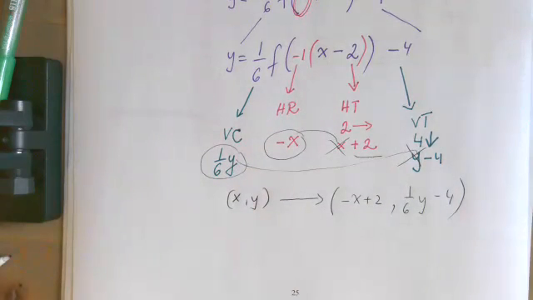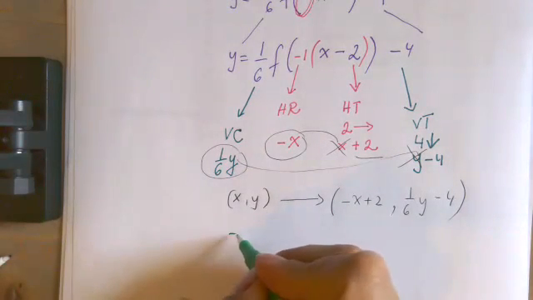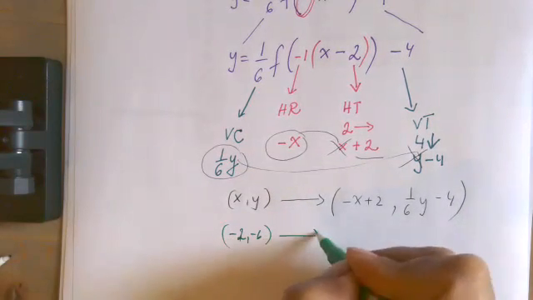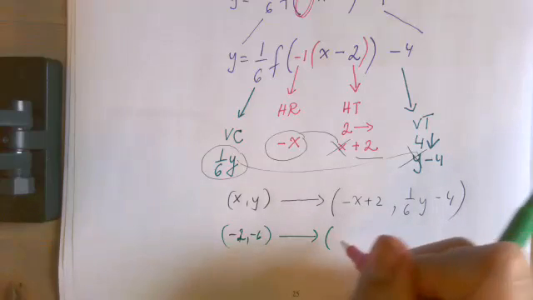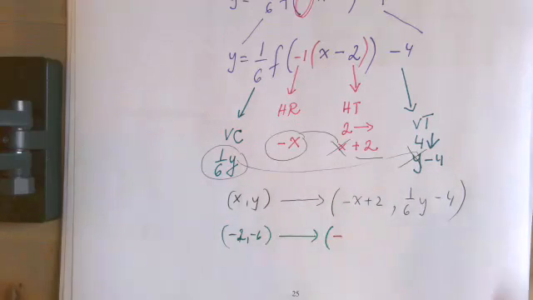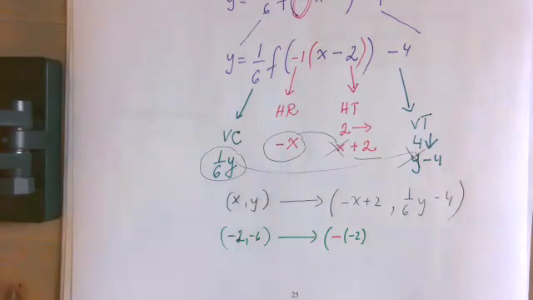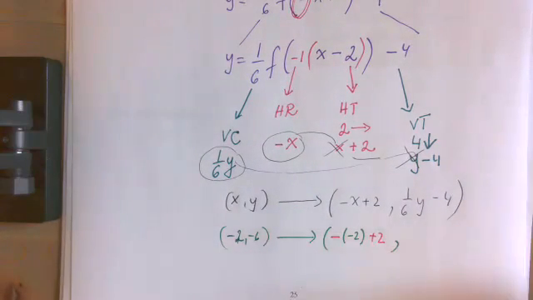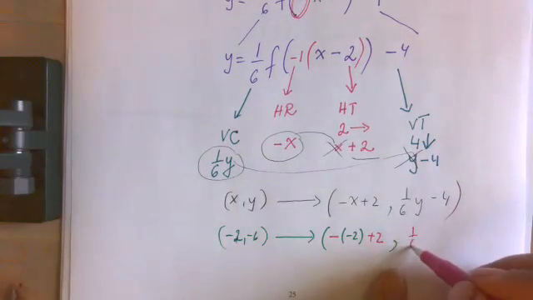Now let's apply the rule onto the point. The point is (-2, -6). Let's see what happens. We have a negative, and then we plug in -2 there, and then we have to do +2 to it. And then for the y, we have a 1/6 in front of it.